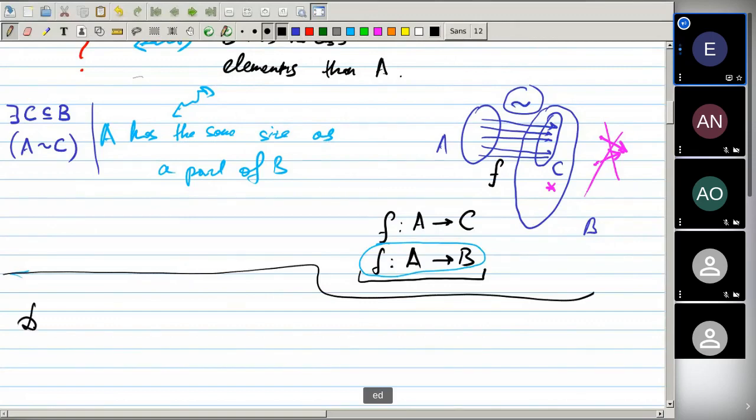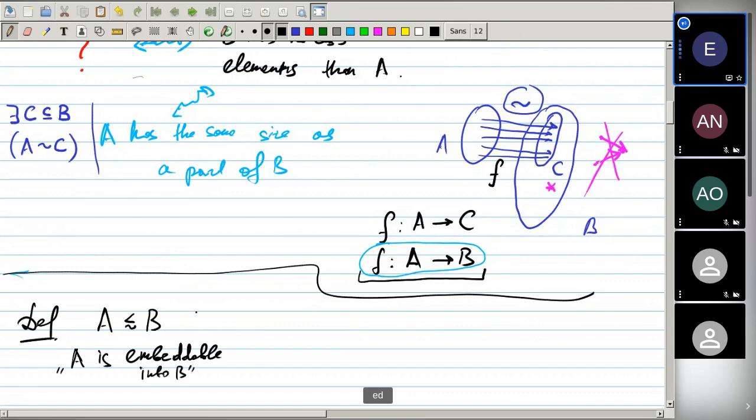I say that by definition, A is embeddable into B. I will use this symbol, which is similar in appearance to less or equal, and of course it is meant to denote this concept of A having less or equal number of elements than B. It is read the following way: A is embeddable into B.